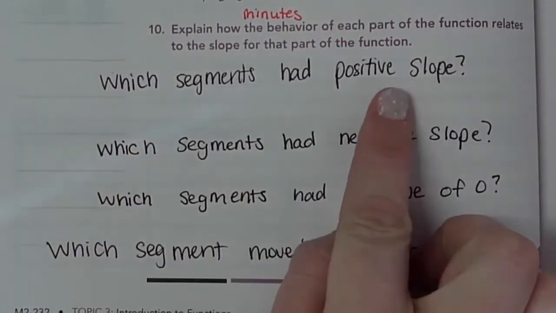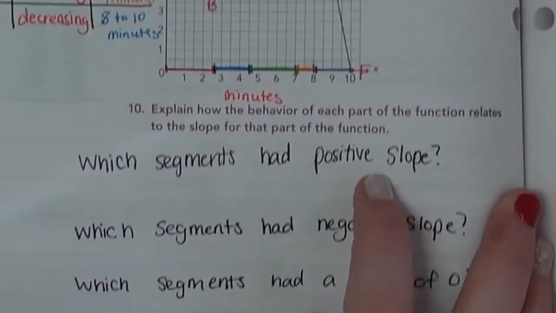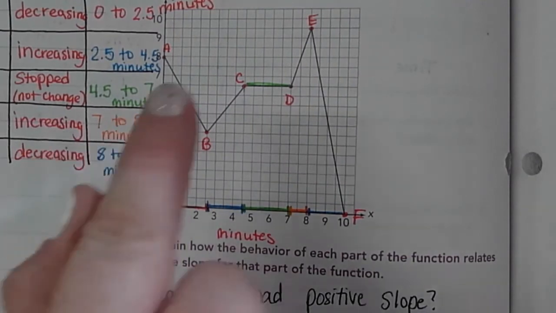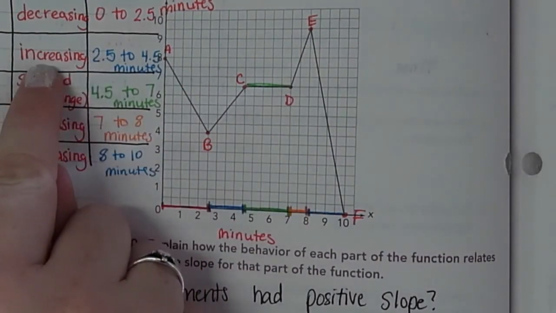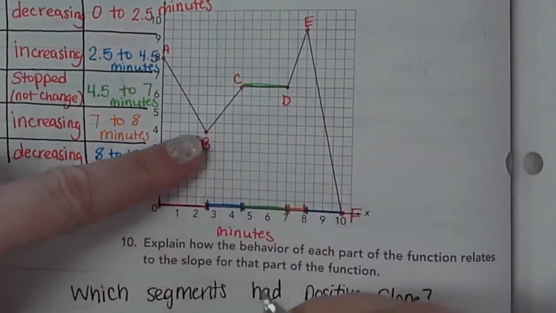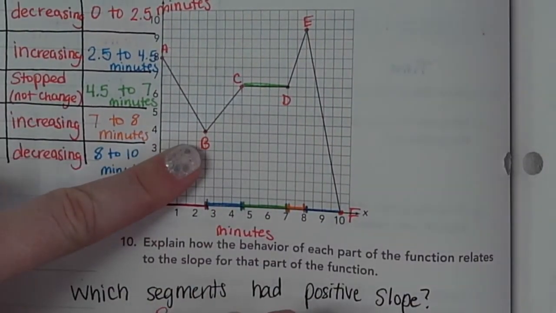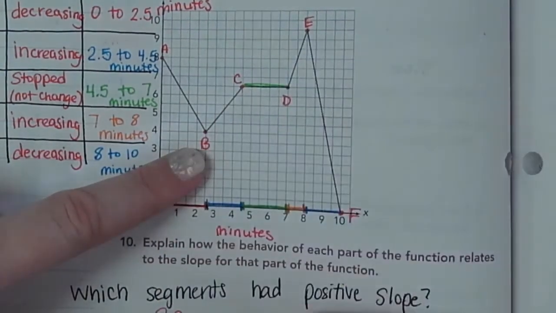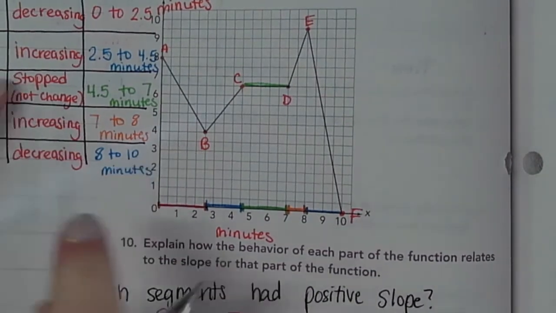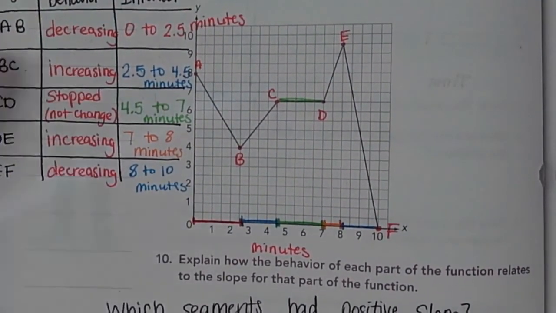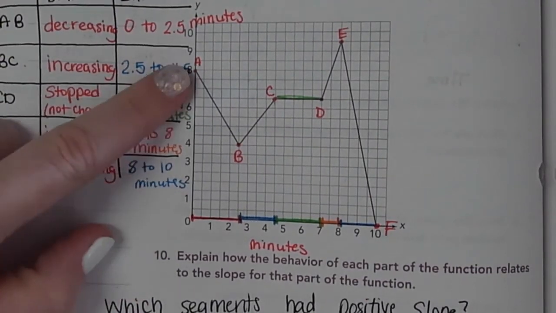So if we look, which ones have a positive slope? When are the slopes going up, or increasing, which is the new word we just used. So when is it increasing? It's increasing from B to C. It is also increasing from D to E, which notice that's just in the table where we said increasing. Okay, which ones have a negative slope?